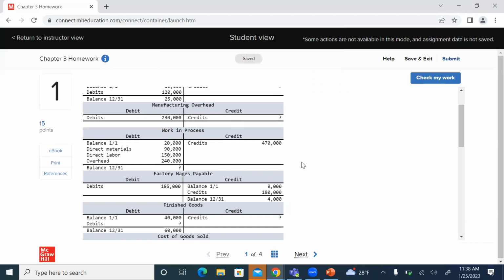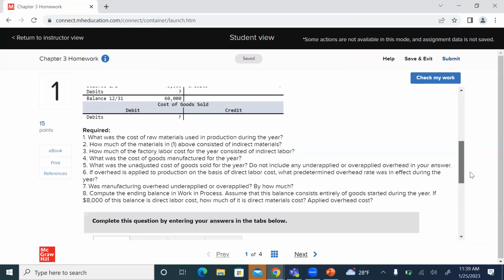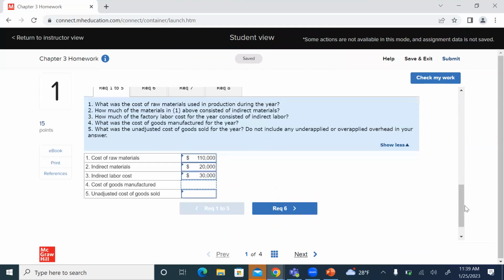What we've actually worked on this time and taken out of work in process and brought to finished goods, right? You see how this 470 is credited from work in process? Wouldn't that 470 go right into finished goods here? See that, how they're giving you a question mark, but we know when we credit a work in process, it debits to finished goods. Got it? That makes sense? So we know our cost of goods manufactured has to be 470, right?